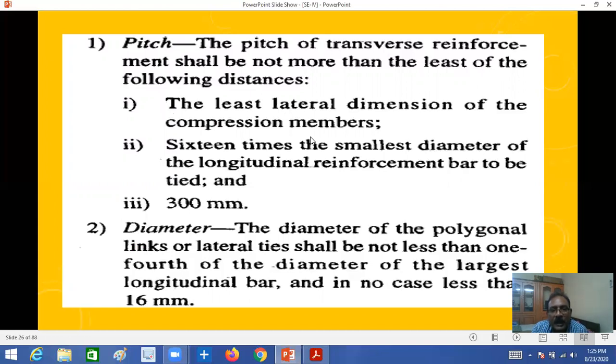So the pitch is very important, and the diameter of the lateral tie should not be less than 1/4 of the diameter of the largest longitudinal bar, and in no case less than 6 mm.